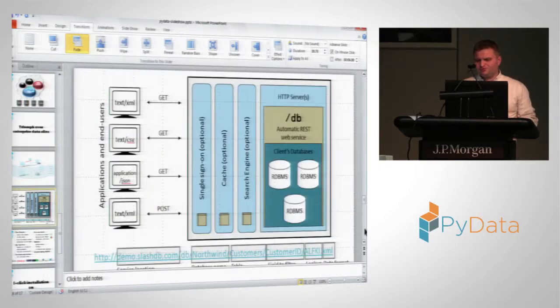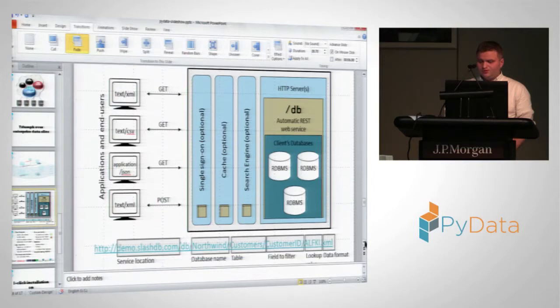This is more or less what the infrastructure looks like. So you have your own databases. Around that, there's this URL reinterpretation mechanism that we've developed, and this is hosted behind an HTTP server. You can add caching, search engine, single sign-on optionally to this environment, and basically the URL.